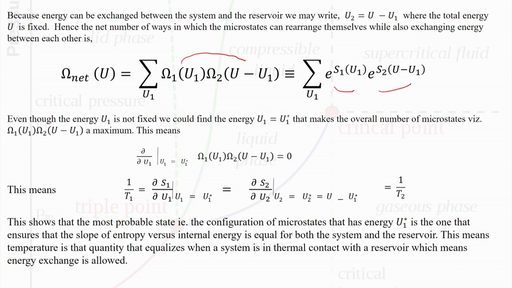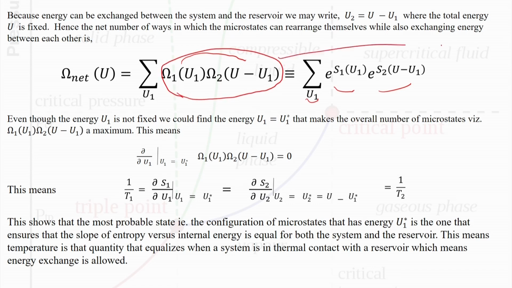Now I am going to ask myself, what is the most probable value of this U1? Notice that U1 is not fixed. It can fluctuate wildly because U1 is being exchanged with the surroundings, but I can still legitimately ask the question, what is the most probable value of U1? Clearly it is that U1 which makes this quantity a maximum.